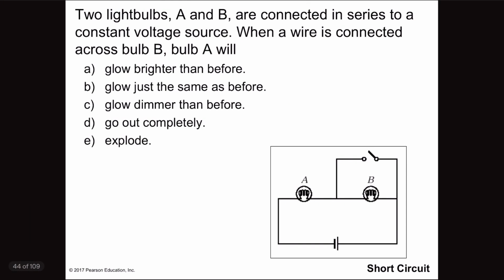Two light bulbs, A and B, are connected in series to a constant voltage source. When a wire is connected across bulb B, bulb A will... So if we look at this right now, with this being open, these two light bulbs are in series, and they both act like resistors, because there's something in the way.